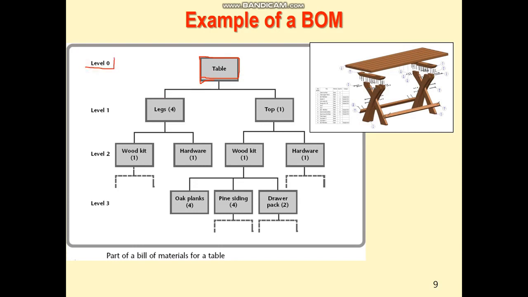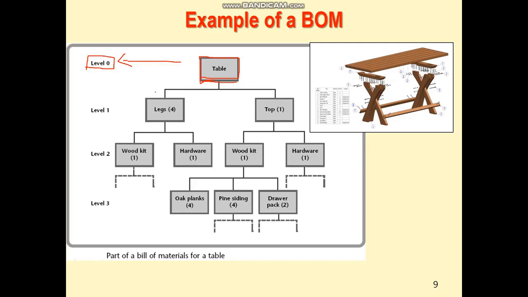So the table is the finished product. What are finished products? Finished products are the ones we can directly deliver to the end user, to the customer. So here the table is the finished product. We can also call it the parent item, or level 0.